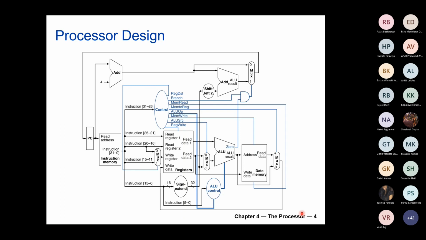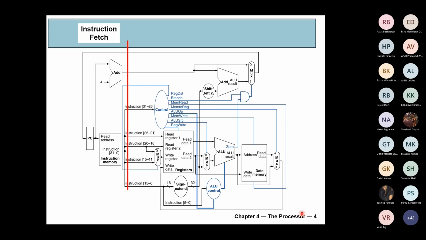So if we look into this hardware layout, we can see that this is the portion which is responsible for instruction fetch, because the program counter supplies the address of the current instruction to be executed. The instruction is read from the memory, and at the same time PC is updated and so on. So this portion of the hardware is responsible for instruction fetch.